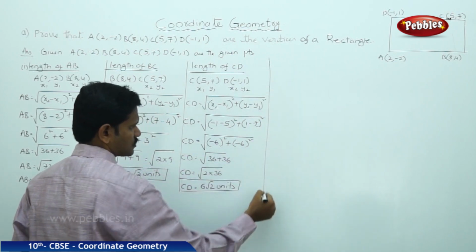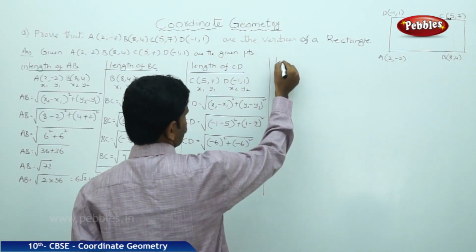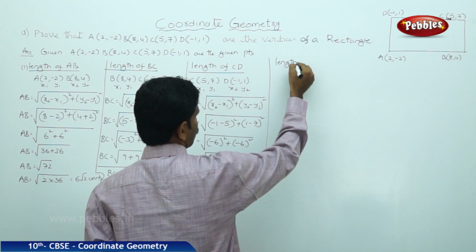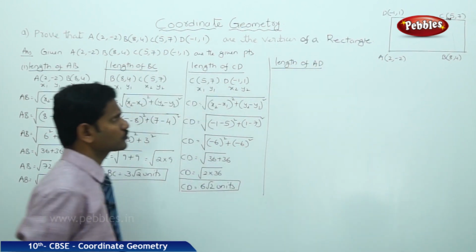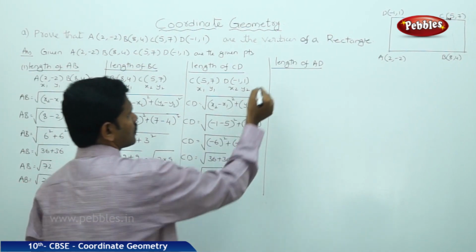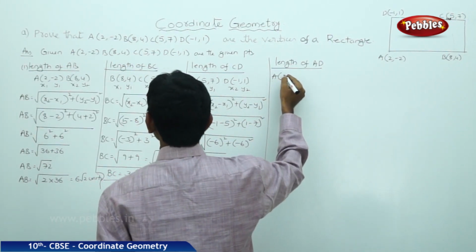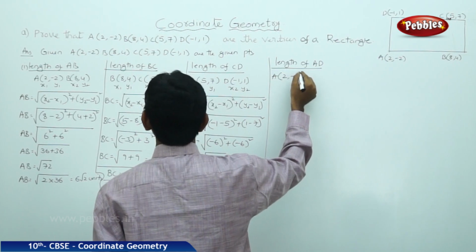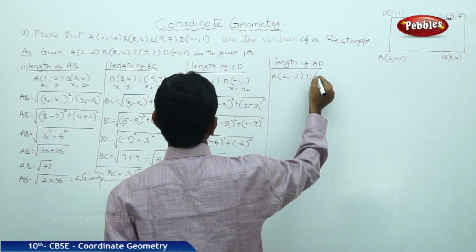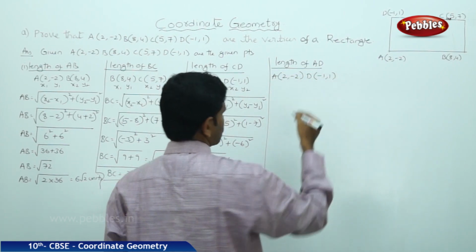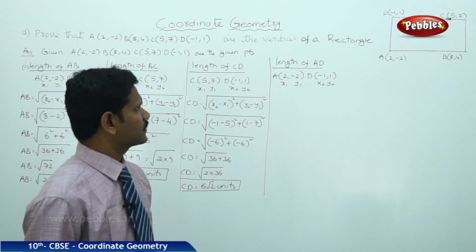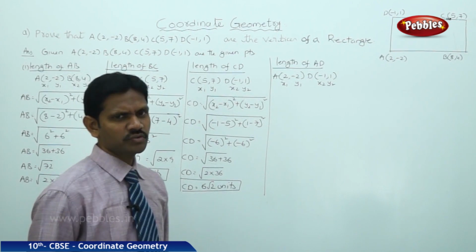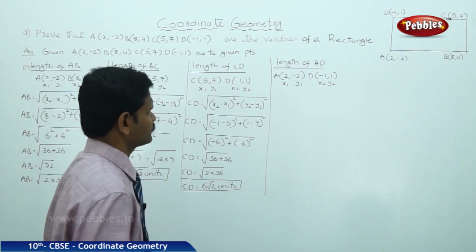Next, length of AD, that is A of 2 comma minus 2 and D of minus 1 comma 1. Length of AD, A of 2 comma minus 2, D of minus 1 comma 1.